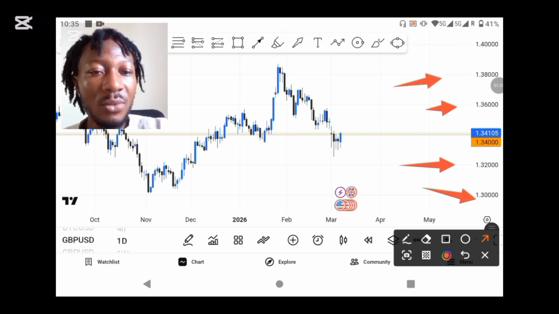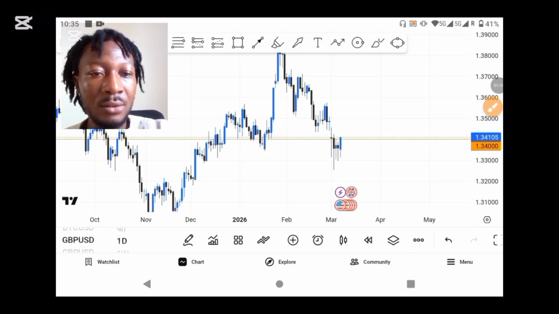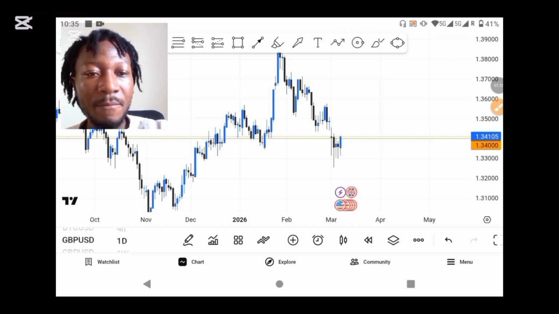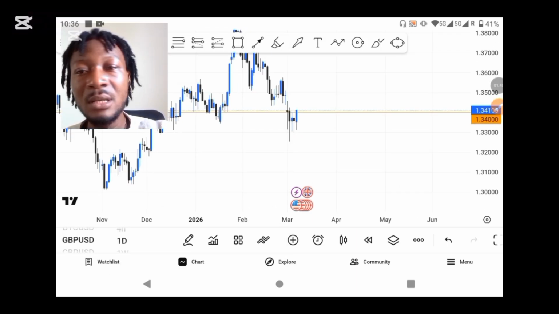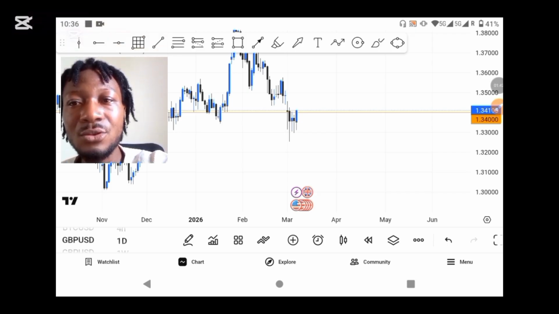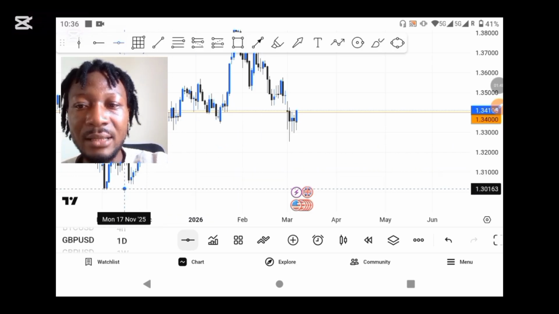Now, between 1.3000, this one, and 1.31, because there's 1.31 before 1.32, let me show you what I'm talking about. So you see, this is 100 pips. Let me draw it out so you know what we are talking about. So we say 1.3000.